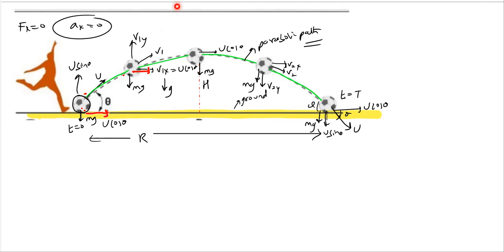Along A to B, A, B, C. A to B will be retardation along the y-axis. Then constant velocity along the x-axis.